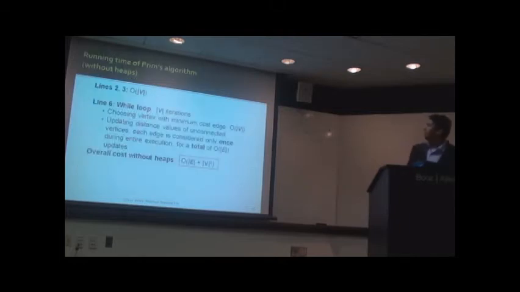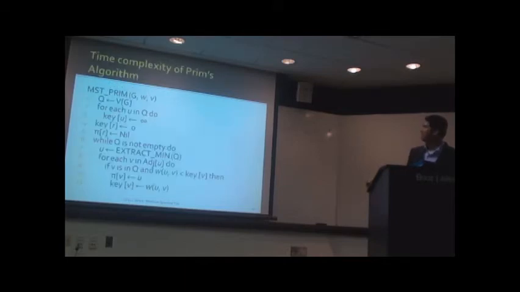Okay. So here is the running time of Prim's algorithm. If we don't use any heap or anything else, then lines 2 and 3 take order V time, right? Because you're just assigning a label to each vertex. And here we already have to be a little careful on how we count it.